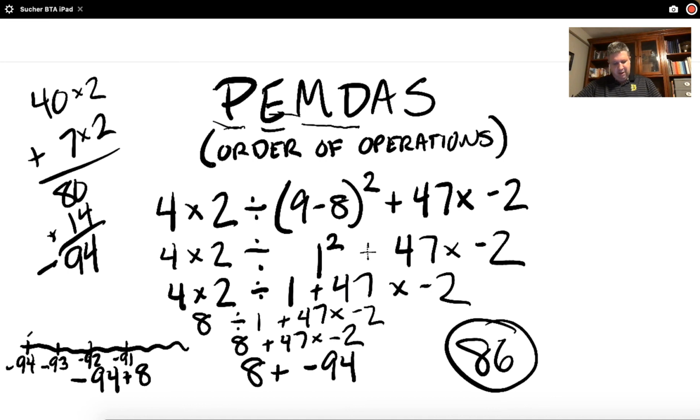So I'd be bouncing 1, 2, 3, 4, 5, 6, 7, 8, all the way back to negative 86 as my final answer.